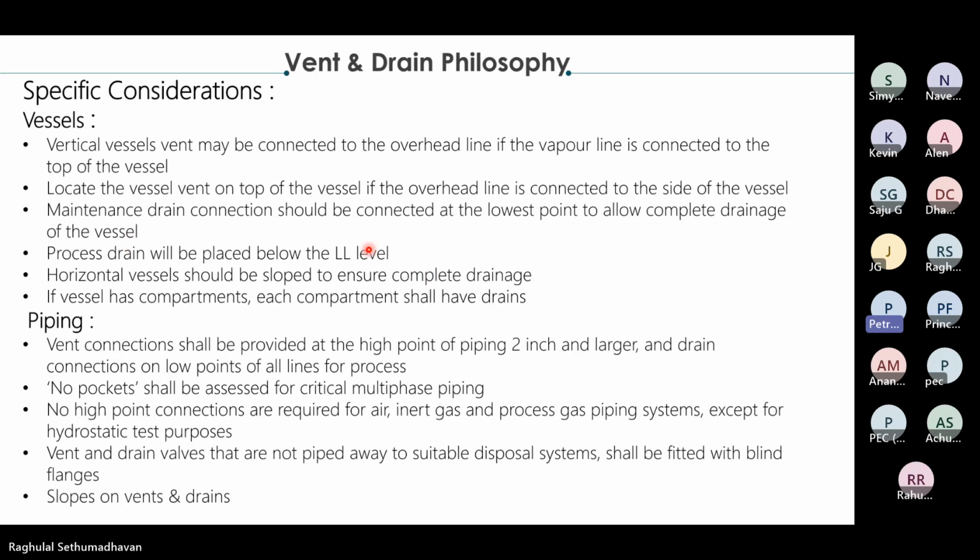It won't be kept at the side of the vessel, because we will have to remove all the content. The process drain will be placed below low level. In terms of operation, before low level is reached, air should not come through the process, so it will be kept below the low level.